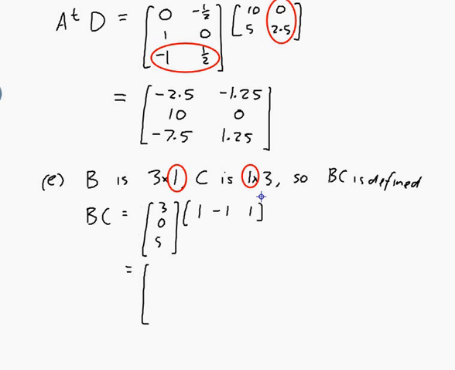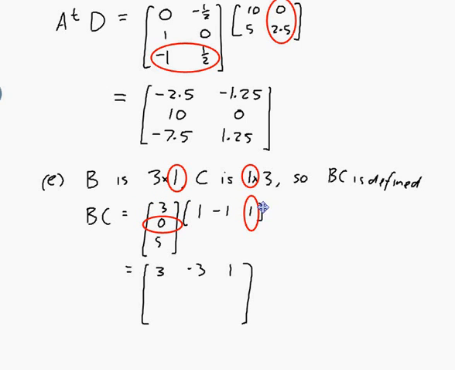So let's give ourselves space. So same as before, let's do our rows and columns. So row 1 of B is just that single number, and row 1 of B, column 1 of C is there. So 3 times 1 is 3. And then I move on to the next column of C. 3 times minus 1 is minus 3. And then 3 times 1 is 3.